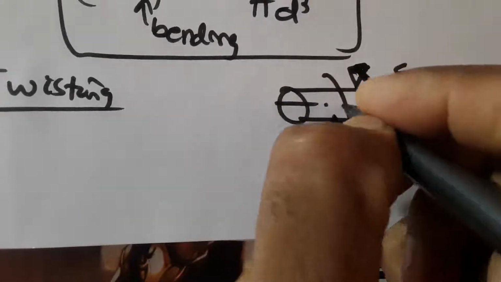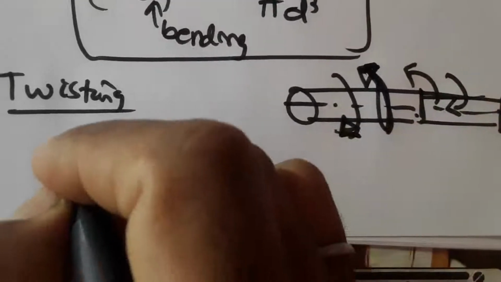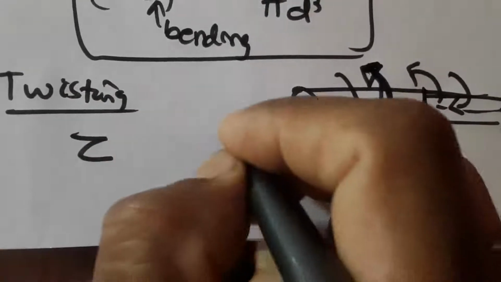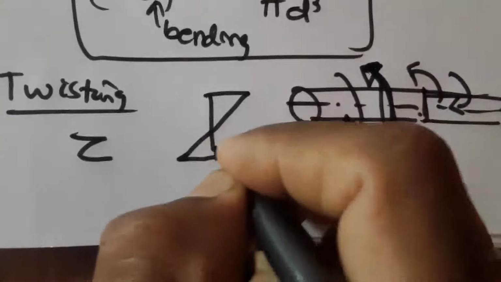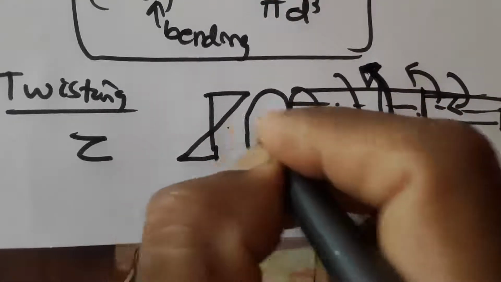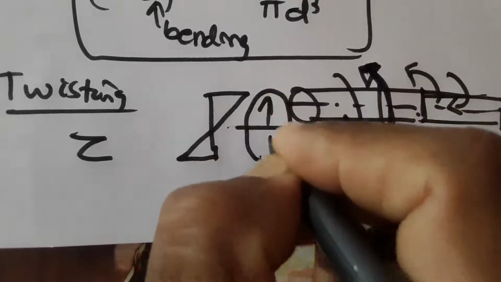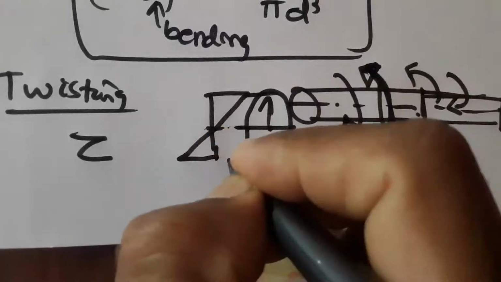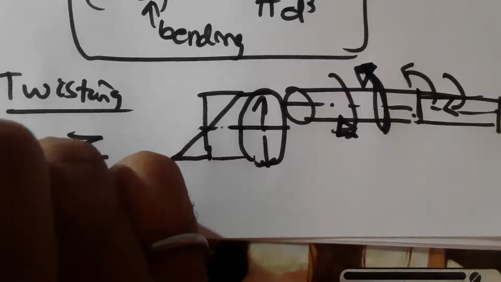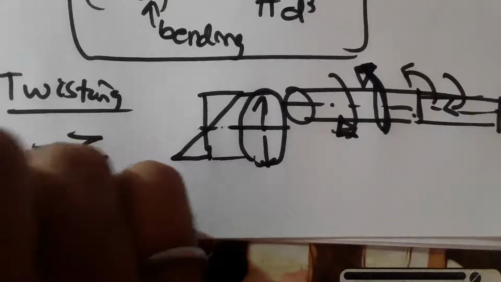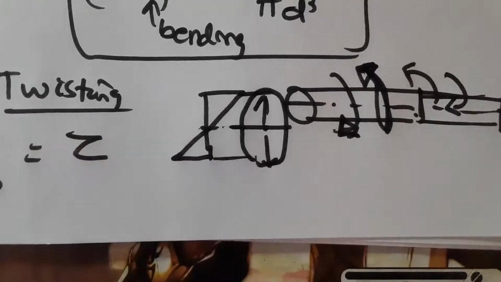This is the axis of the shaft, then it will develop a shear stress, and shear stress will vary: maximum at the outer periphery, and at the center it will be 0. And that tau will be equal to 16 T by pi d cubed.